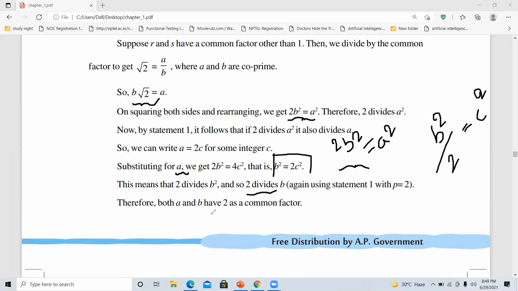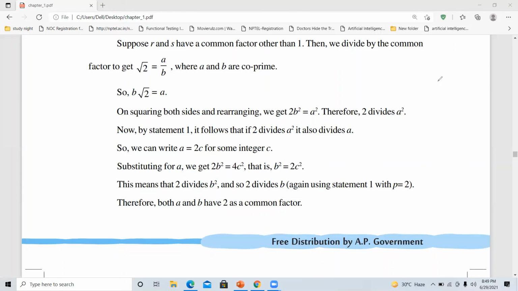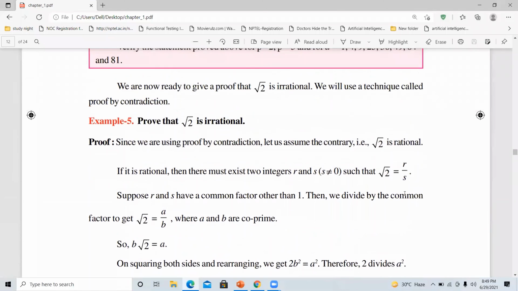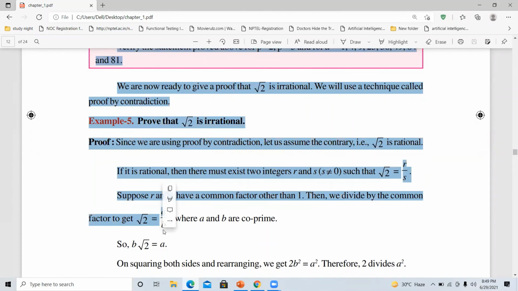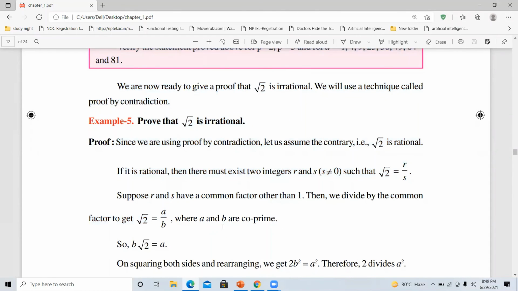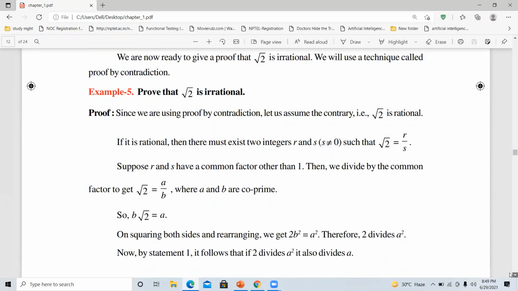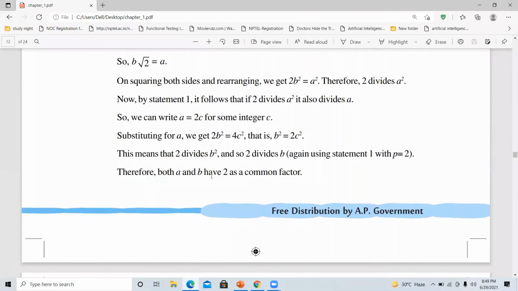Therefore, both a and b have a common factor called 2. But we said in the first statement that a and b are coprimes, which means they do not have common factors. But after proving, we got that a and b have common factors.